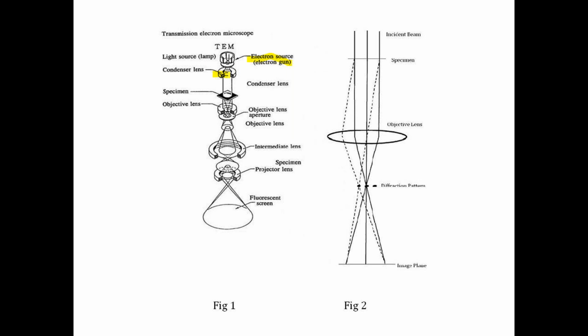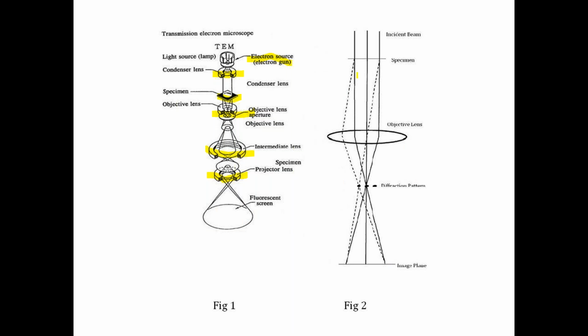You have an electromagnetic condenser lens. The specimen is there. You have the objective lens. This is all electromagnetic. Even though they have written lens, they are all electromagnets. You have an intermediate electron magnet. You have a projector lens, and then you get a fluorescent screen.